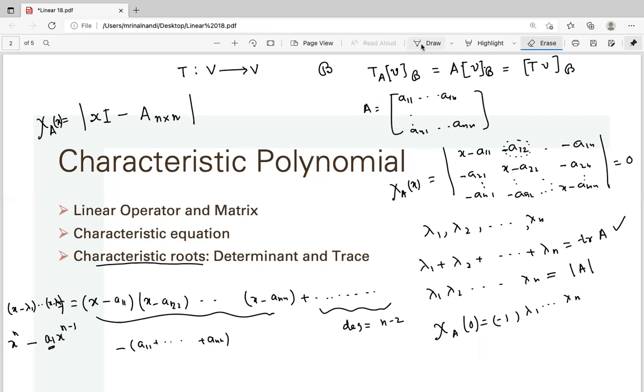Sorry, there's a mistake. So if you put 0 in this, you will actually get the determinant with entries minus a11, minus a12, ..., minus a1n, and this is nothing but minus 1 to the power n times the determinant of A. There are n rows.